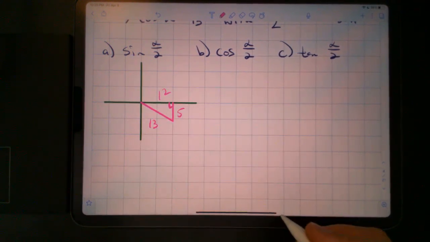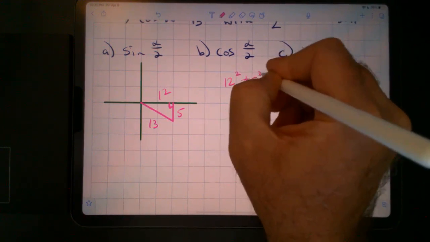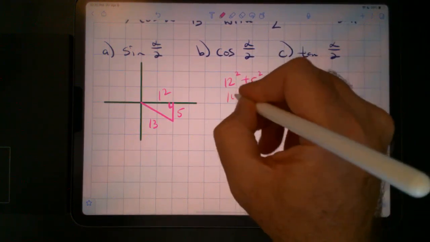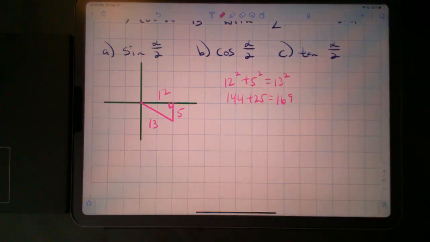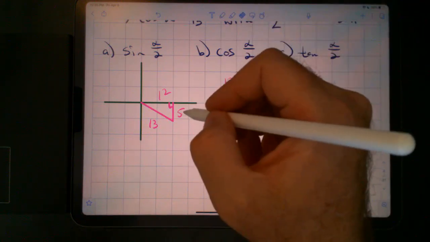That makes this a 5 because 12 squared plus 5 squared is 13 squared. This is 144 plus 25 is 169. Oh, and this 5 will be a negative 5 because we are in quadrant 4.